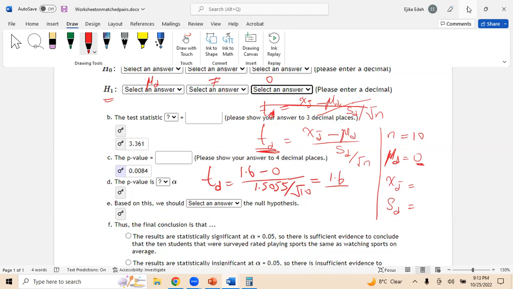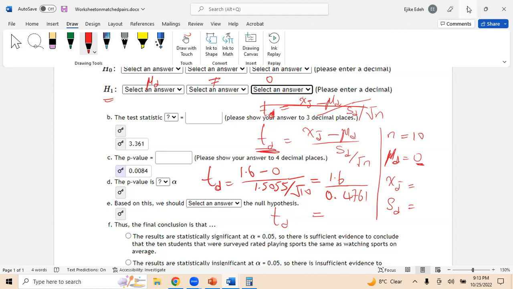So I'm going to divide 1.5055 by the square root of 10. That gives me 0.4761.